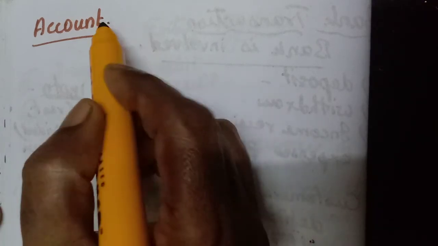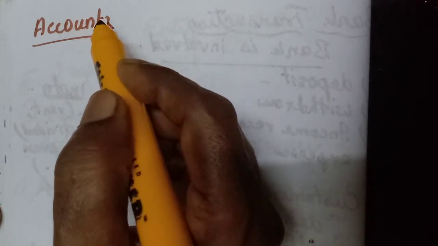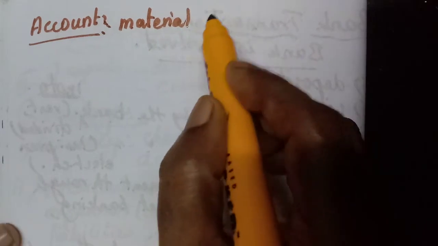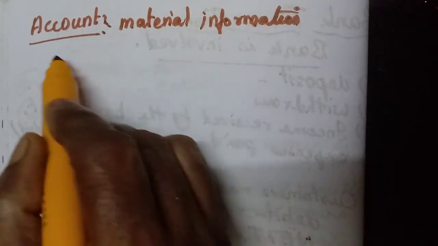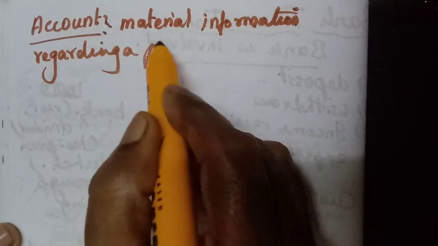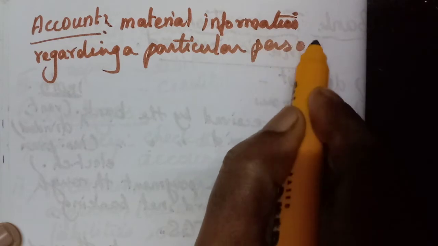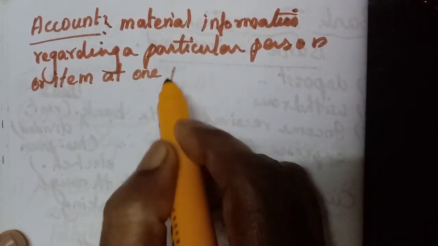So in this word we can learn like this: account is the systematic presentation of all material information needed regarding a particular person or item at one place, that is called account.